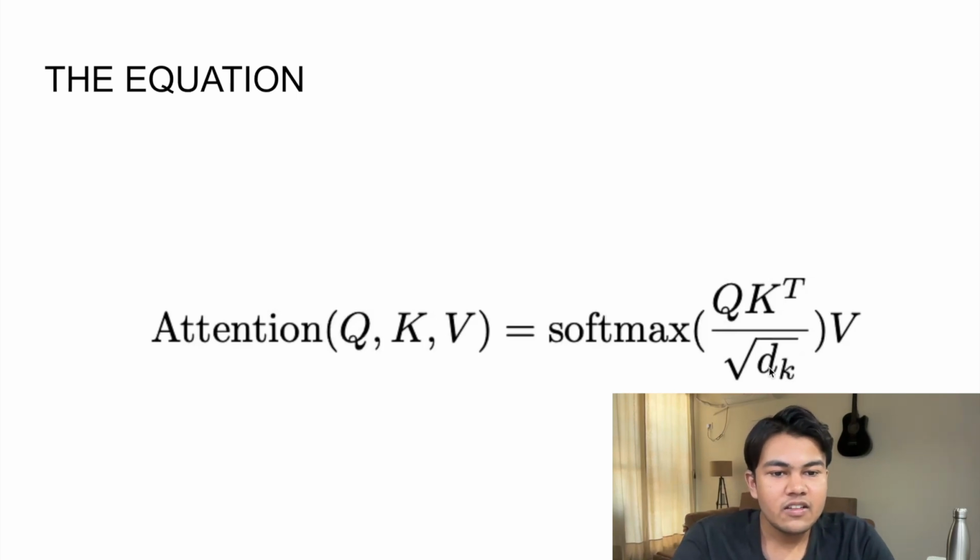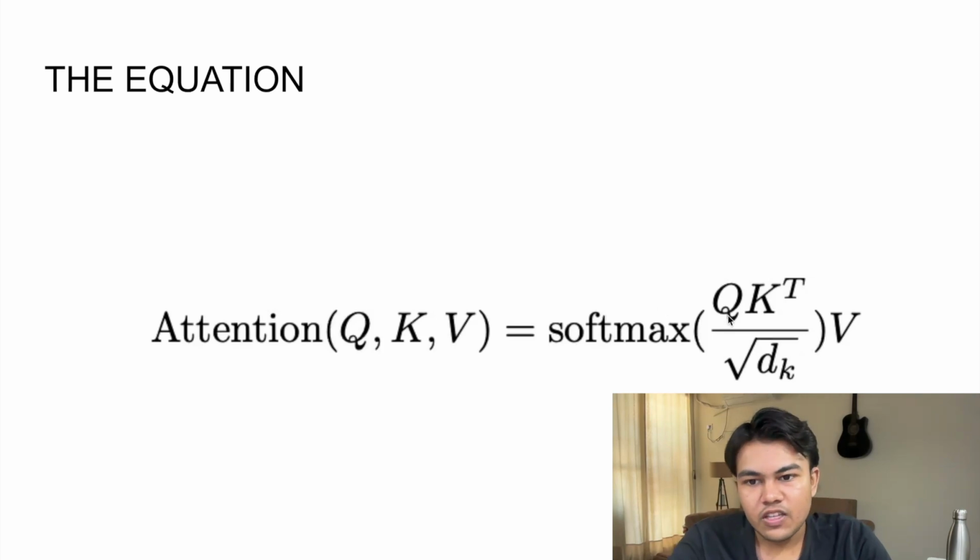Then you apply the softmax to create a probability distribution, and then you do the matrix multiplication again using the V matrix. So this is the equation for attention.